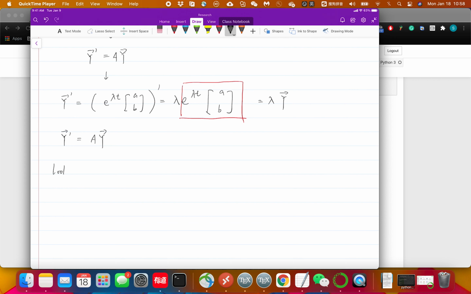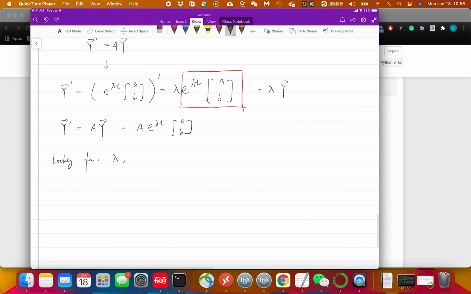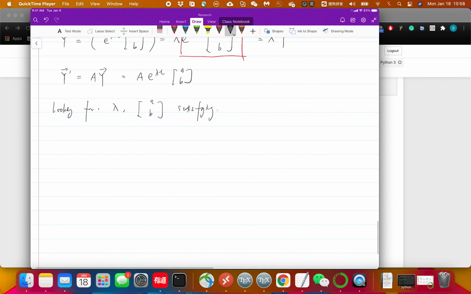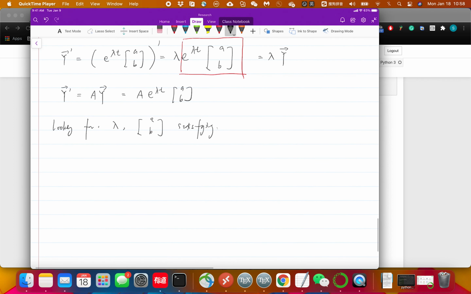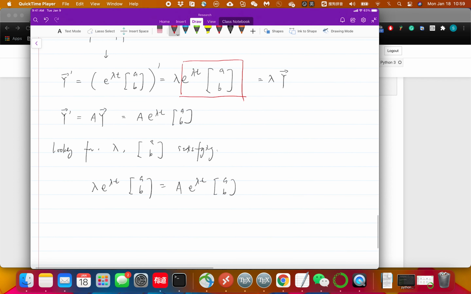You are looking for lambda and a vector (a, b) satisfying y prime equals Ay, which means satisfying lambda e to the lambda t times (a, b) equals A e to the lambda t times (a, b), according to what we computed here and here.